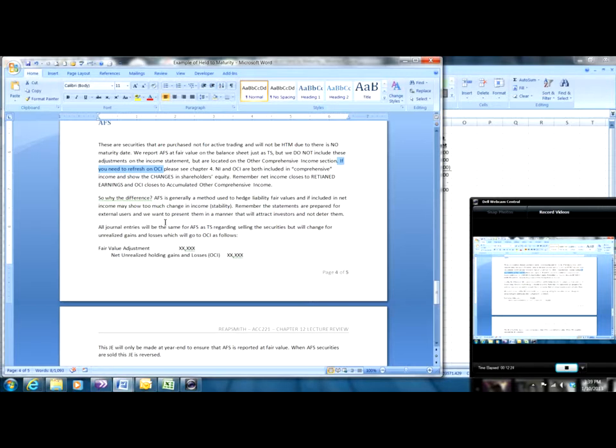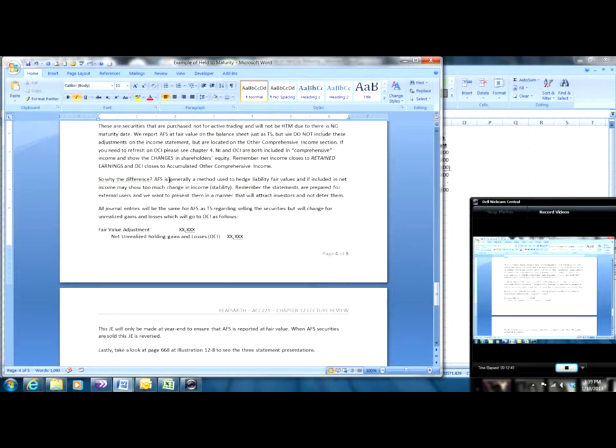Okay, net income is close to retained earnings, and I spelled retained earnings wrong, and OCI close to accumulated other comprehensive income, which is at the end of the balance sheet if it's a small company, and could be on its own separate statement, which doesn't matter. Okay, so a lot of difference.